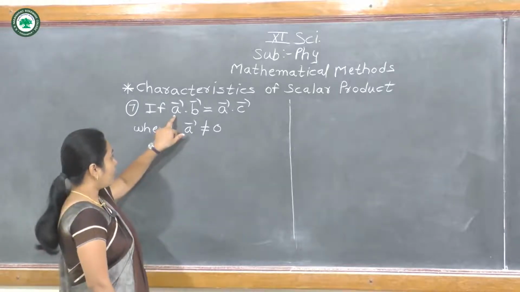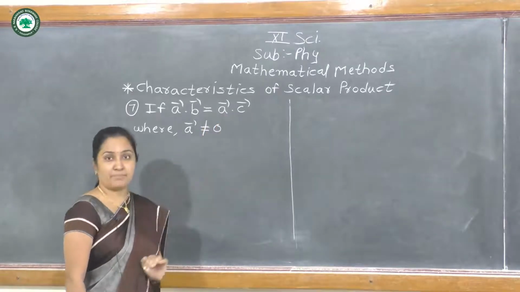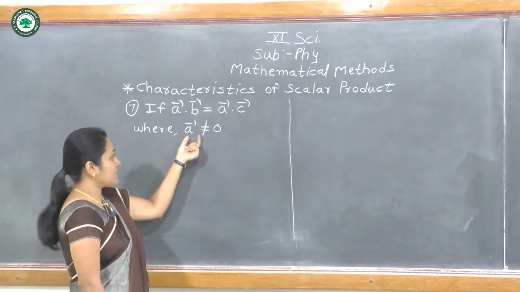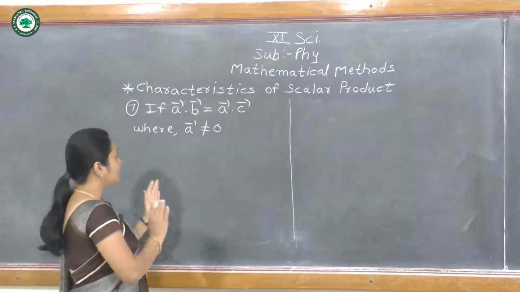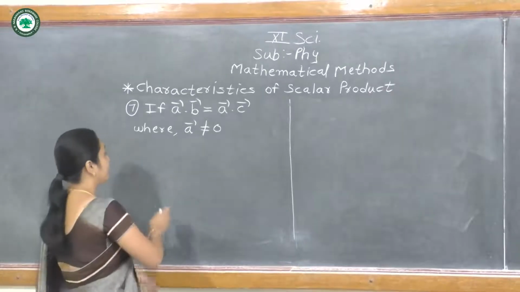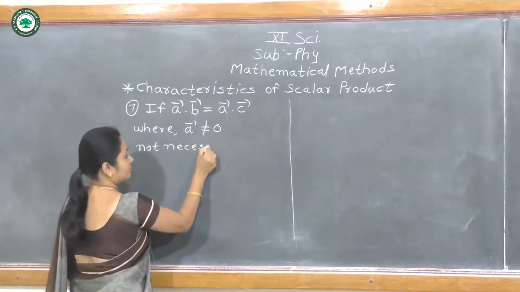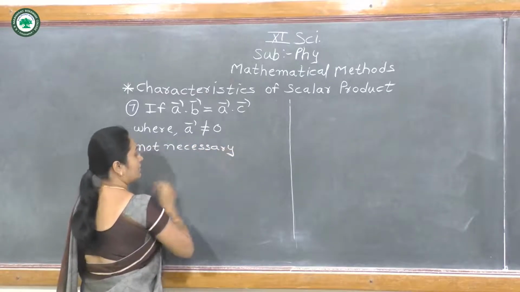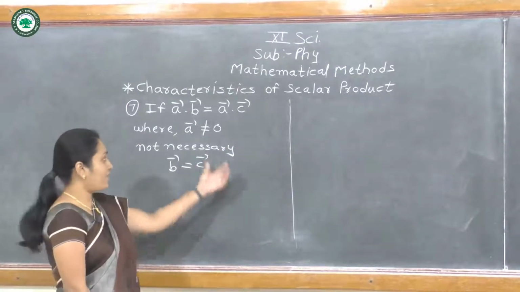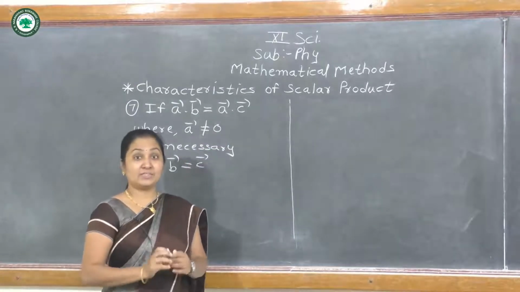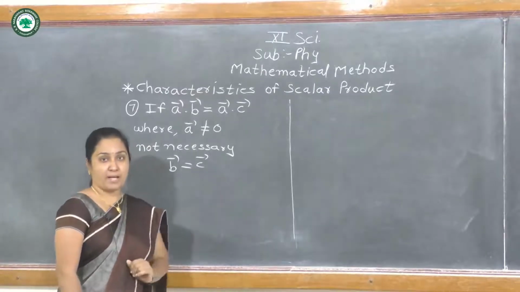The dot product of a bar dot b bar is equal to a bar dot c bar. But in this case a bar is not equal to 0. So it is not necessary that b bar is equal to 0. If a bar is not equal to 0, then it is not necessary that b bar is equal to c bar.